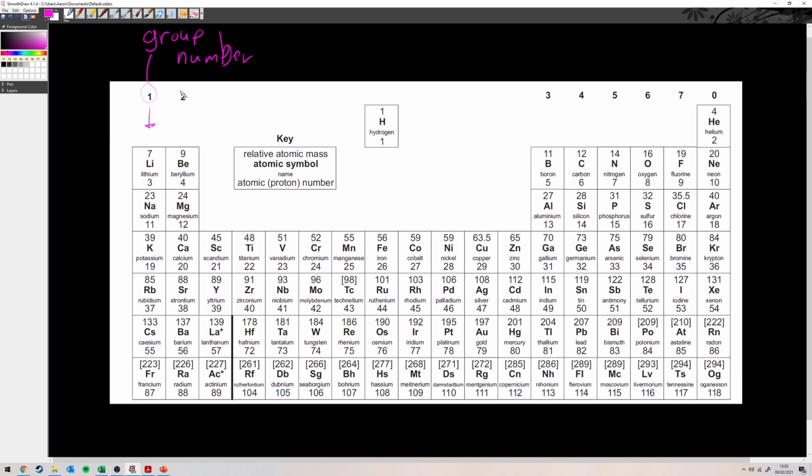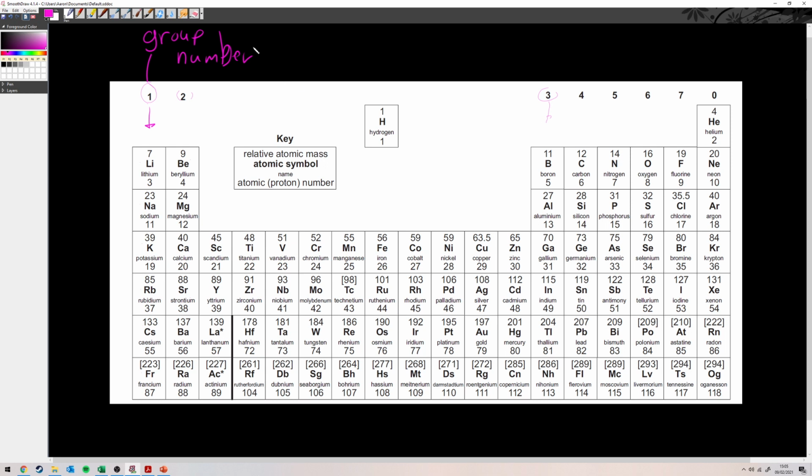Okay? Group 2, beryllium, magnesium, calcium, strontium, barium, and radium, all in group 2. Now, we're going to skip over this middle bit for now. Group 3 is here, which has boron, aluminium, gallium, indium, thallium, and nihonium. So you can see these are the groups.